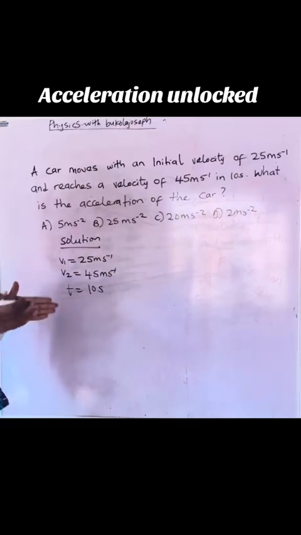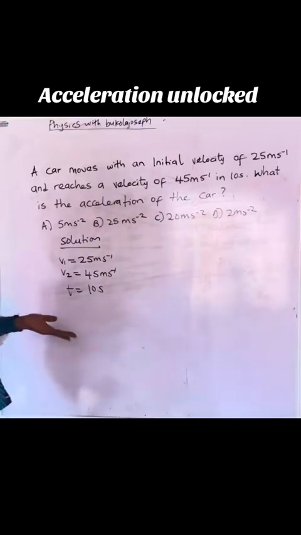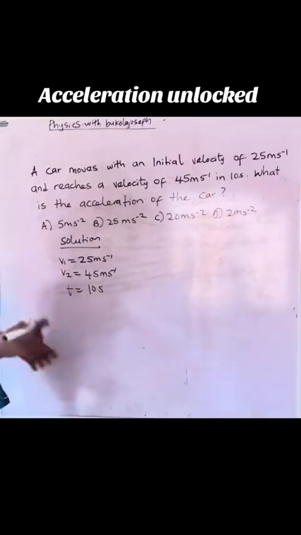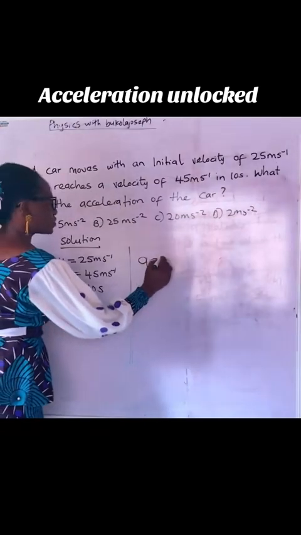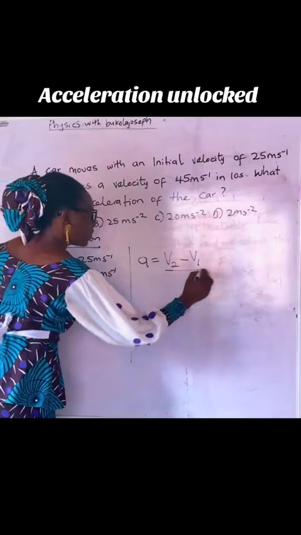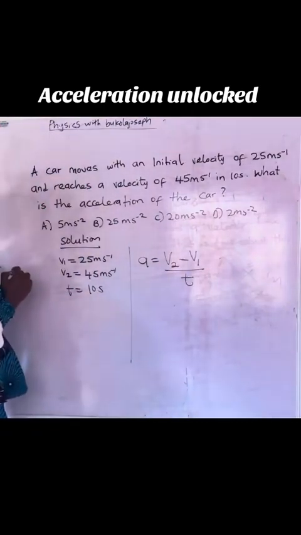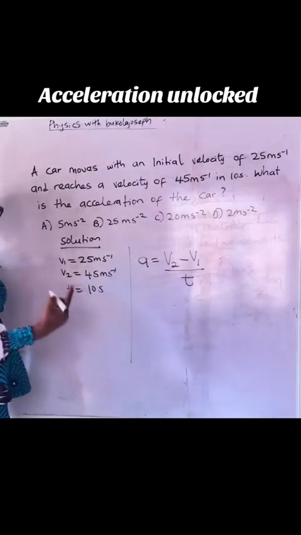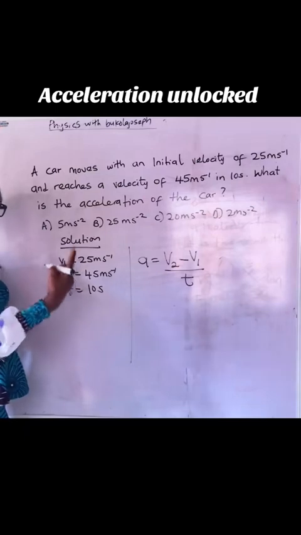Acceleration is simply increase in velocity per time. Increase in velocity means it's change in velocity. For you to find increase, there will be a difference between velocities. So we have acceleration is equal to final velocity minus initial velocity all over the time taken for this change.